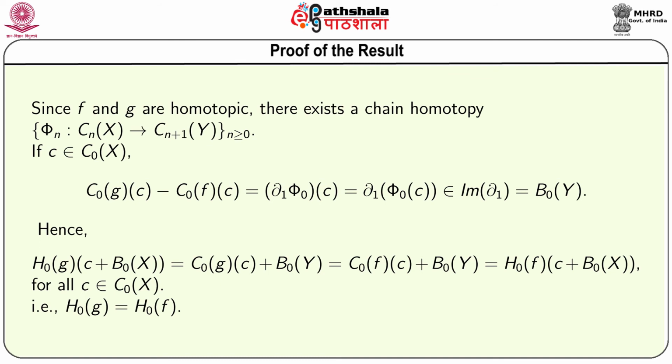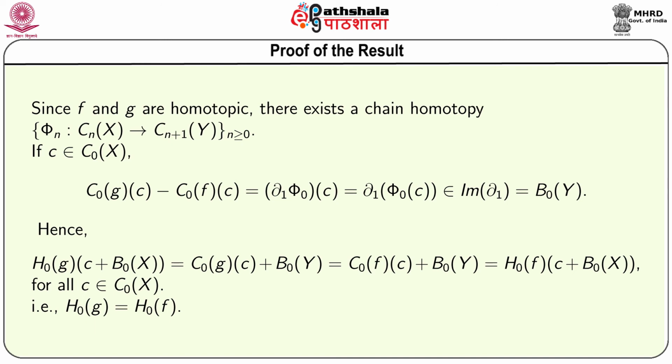Now, if we take c from C_0 x, then C_0 g minus C_0 f operated on c will give us del_1 phi_0 operating on c, and that is definitely a member of the image of del_1, which is equal to B_0 y.